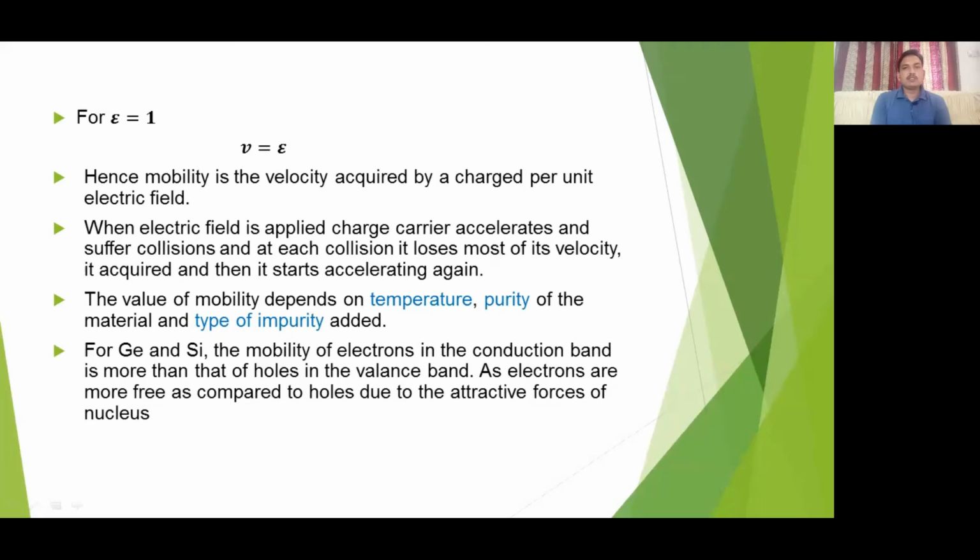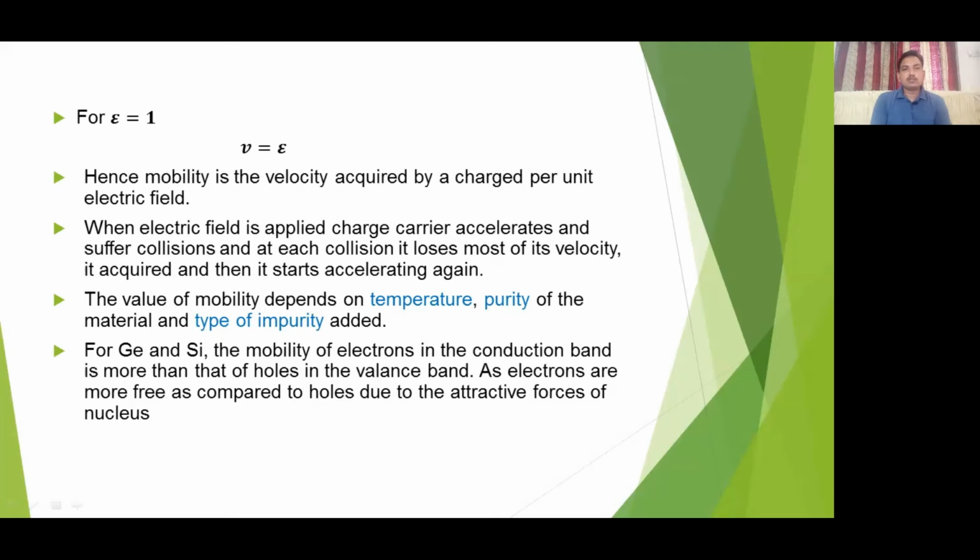When an electric field is applied, charge carriers accelerate and suffer collisions with each other and with vibrating atoms. They lose most of their velocity. So we are not talking about their instantaneous velocity; we are talking about their drift velocity.